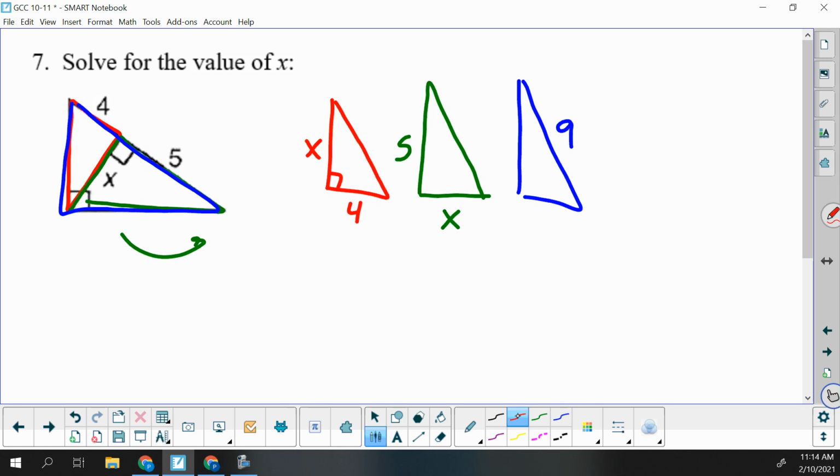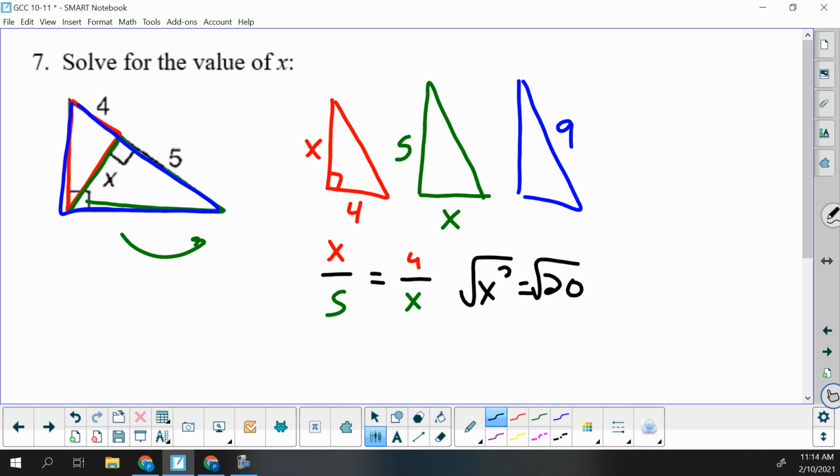So it looks like we're going to have to work with our red and green triangles. We'll have x in the red over 5 in the green is equal to 4 in the red over x in the green. When we cross multiply, we'll have x squared is equal to 20.